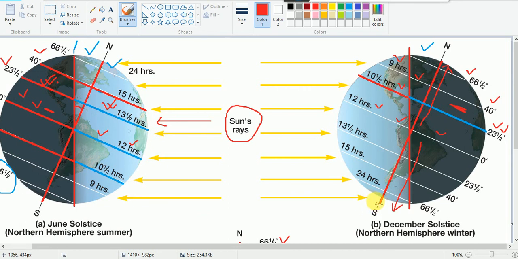Likewise, if your house is located in the South Pole, then you will get 24 hours daytime. So in this way, depending on the location of your place, there will be differences in the daytime and nighttime. So are you clear?